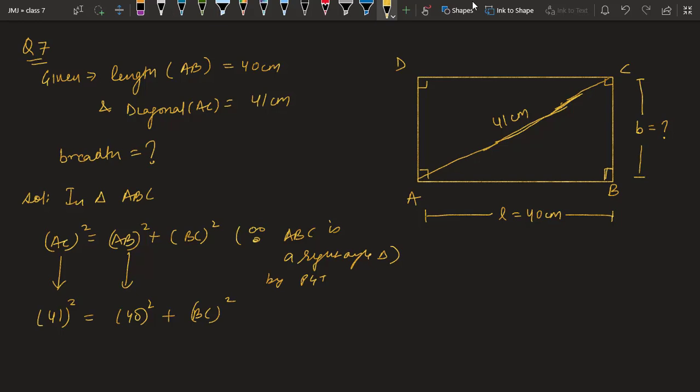First let us find 41 square. It is 1681. What is 40 square? 1600.